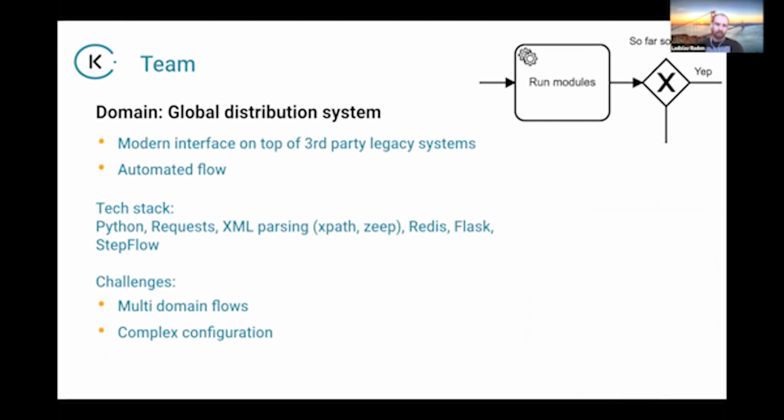The next domain is the global distribution system, where the team is working on building a solution on top of the legacy system. The GDS actually stands for global distribution system.